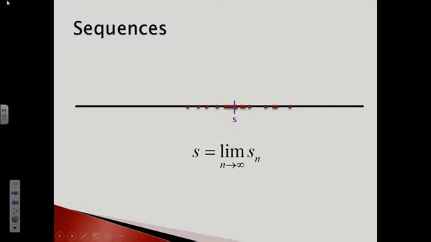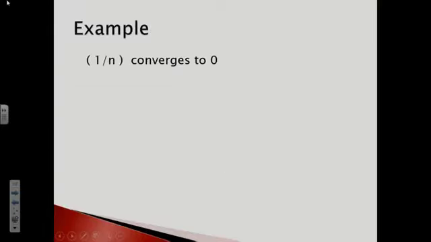Note that the number Sn may be practically anywhere at first, but eventually the Sn must cluster near the limiting value S. If the terms of the sequence Sn do not approach any number as n increases without bound, we say that the sequence diverges.